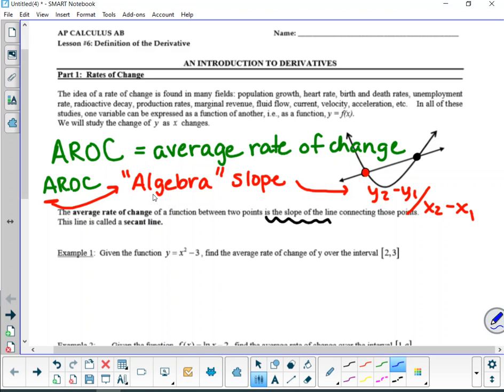When we measure the slope of a line that connects 2 points, that line is called a secant line. So I have 2 points on a graph, I connect them with a line, and I measure the slope of that line. That's the secant line, and the slope of that secant line is the average rate of change.